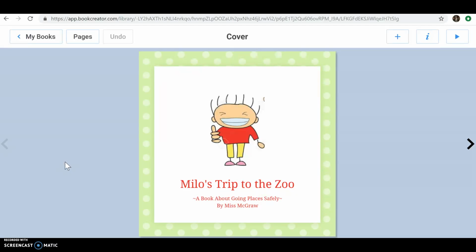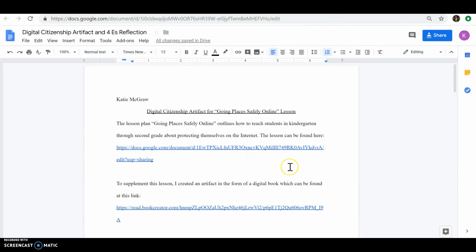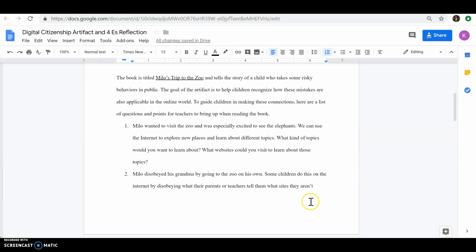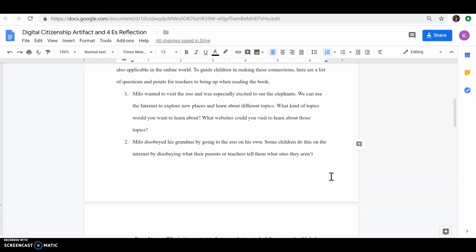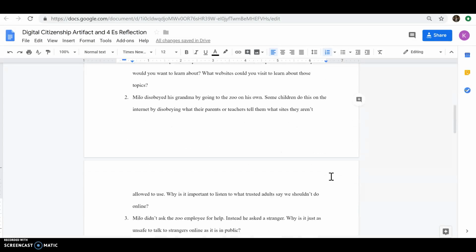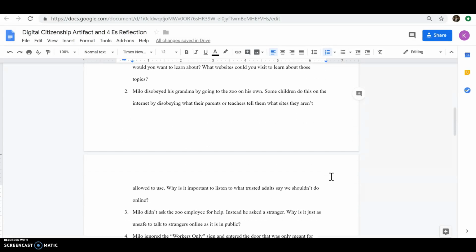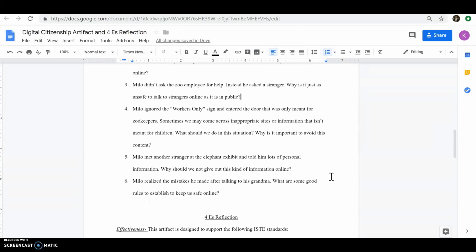And as they're reading, the teacher could ask some of these questions to guide the students, or the teacher could wait until after reading the story and decide to have a group or entire class discussion so that the teacher would be able to, again, guide the thoughts of the students more so.